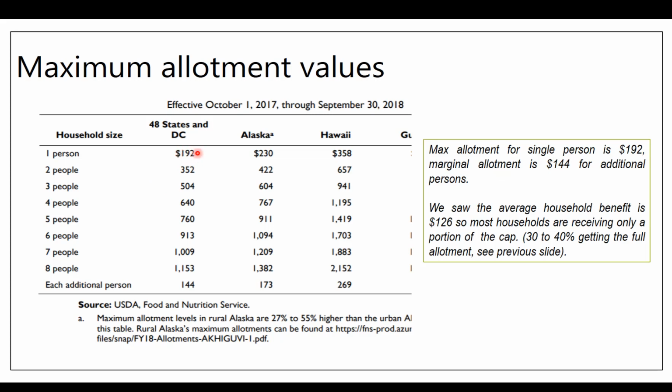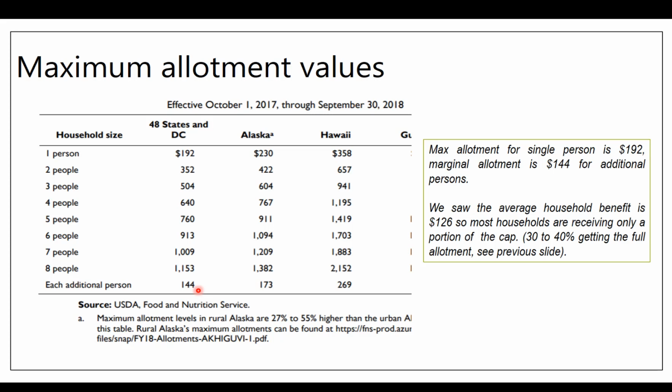Basically, it's more expensive per person for one person to eat than for 2 people. There's some efficiency of scale, I guess, in preparation and so forth. You get to buy larger packages of things, and so forth. So you see this reduction go all the way down until finally 144. So if you were thinking sort of at the ultimate margin, about 144 being the maximum benefit, that would be correct.